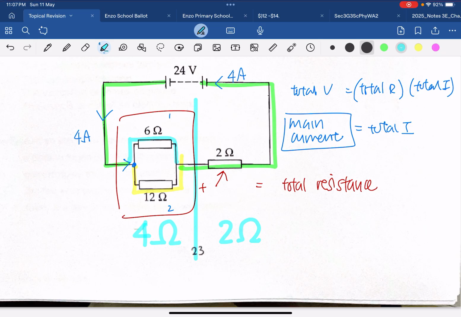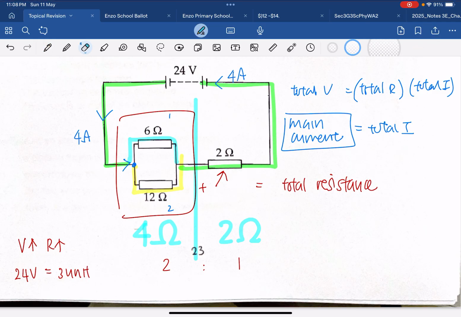Always remember when V goes up, R also goes up. So my ratio is 2:1. If I have 24 volts, that is 3 units in total, 2 plus 1.